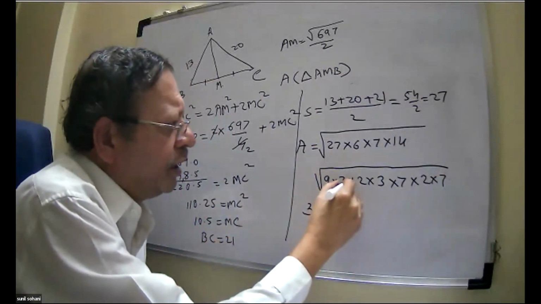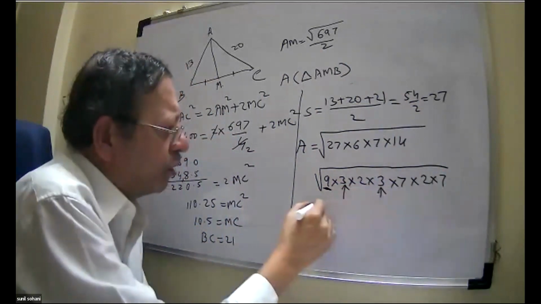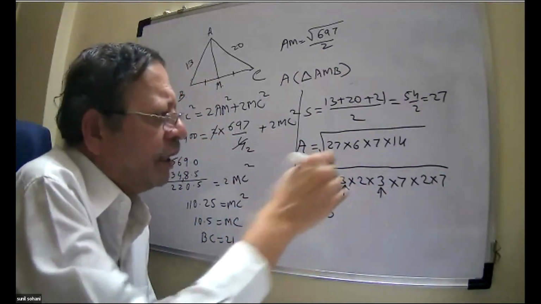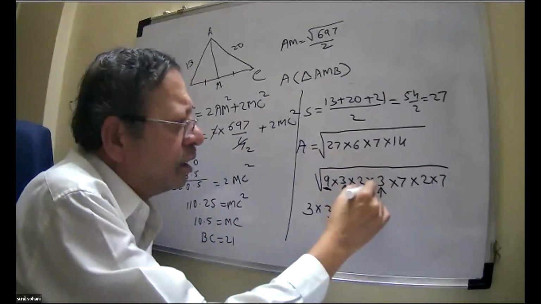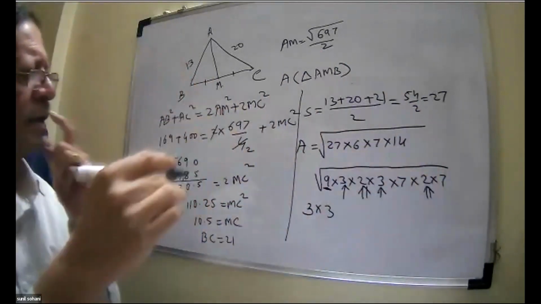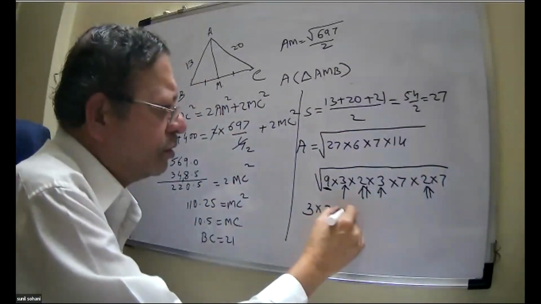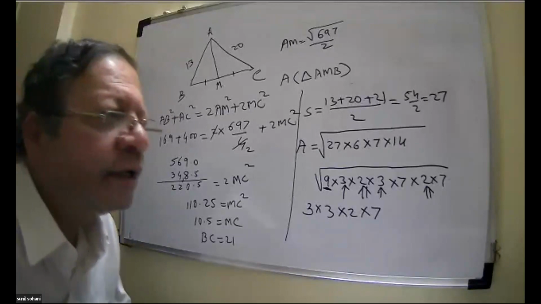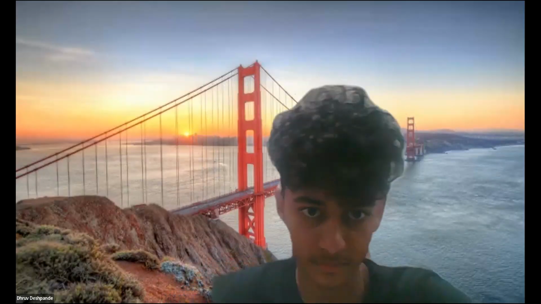Then the two 3s, I can take out as 3. Then two 2s can come out as 2. Then two 7s can come out as 7. Yes sir, I've got these numbers out.